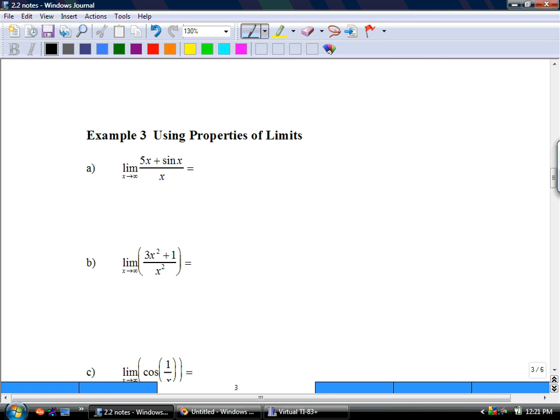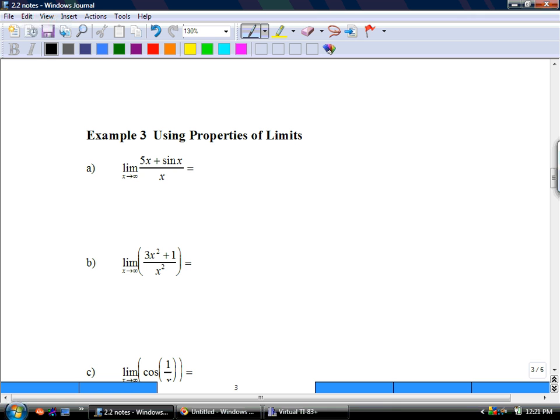Okay, so using the properties of limits: the limit as x approaches infinity of (5x plus sine x) all over x. I have one fraction with a single monomial denominator.